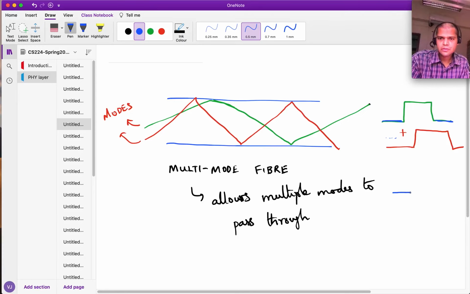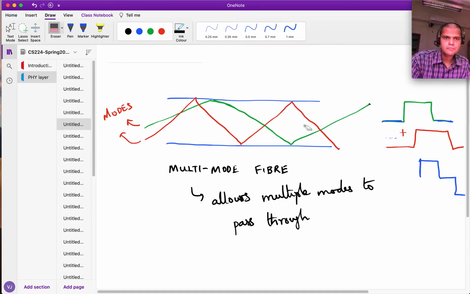So essentially we are going to get something which looks like this. Okay, so you get the idea that these different modes are going to get through and they are going to distort each other in some way.